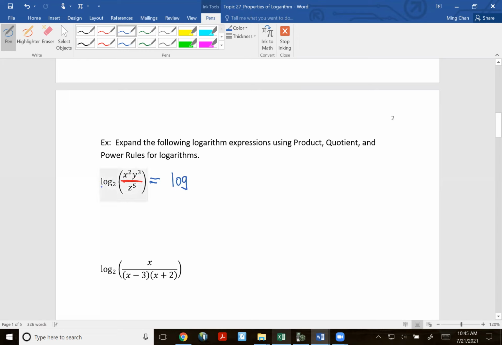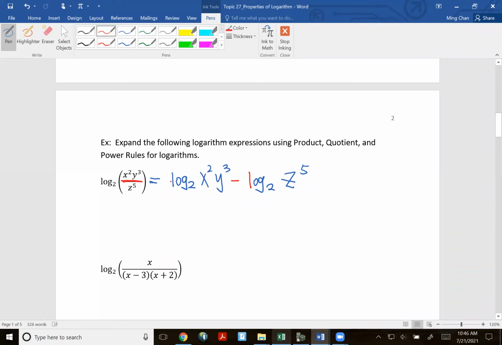So far, all right, I should have log with a base 2 of the top, x squared y to the third, minus log with a base 2. Okay, remember now, it's log, so all these terms should be log with the base 2 of z to the 5th power. Okay, so now I have two terms.